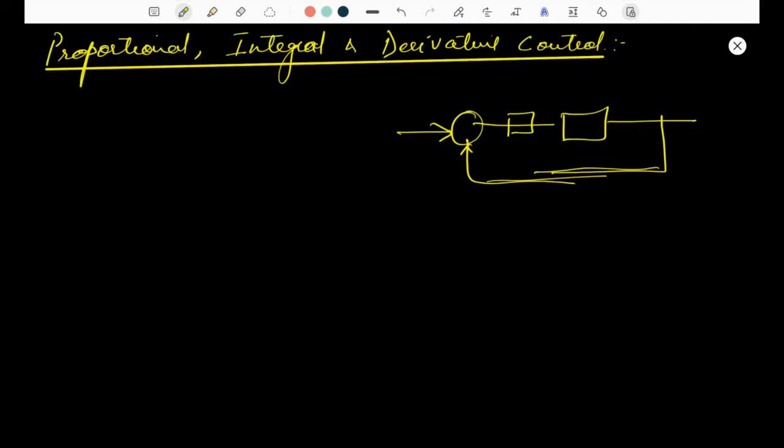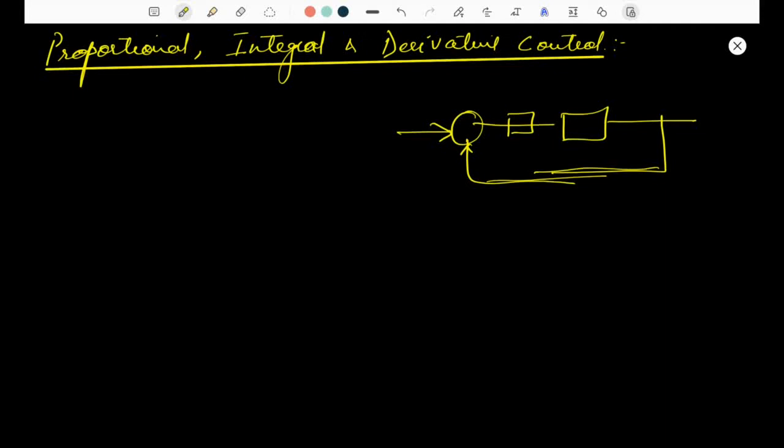The error thus detected is used as an actuating signal for control action, through the controller. The controllers are used so that we develop an actuating signal simply proportional to that error and give it to the system.